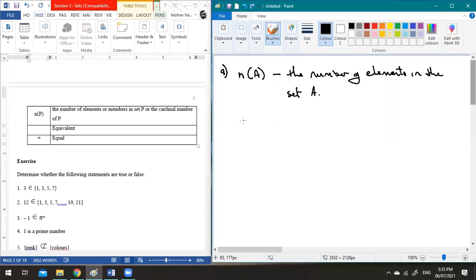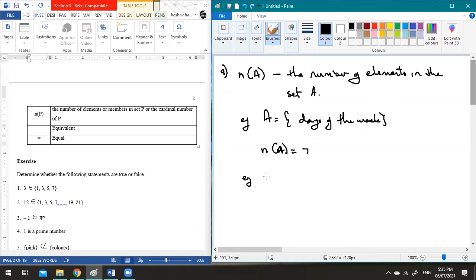So what does this mean? So for example, if set A has the elements, the days of the week, the number of elements in A would be 7, because we have 7 days in a week, right?